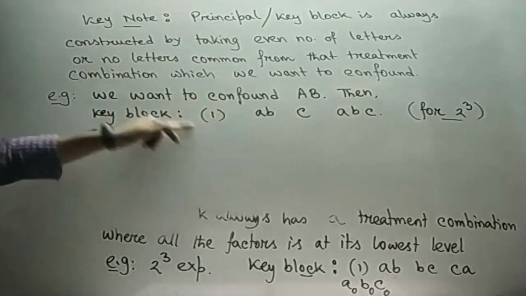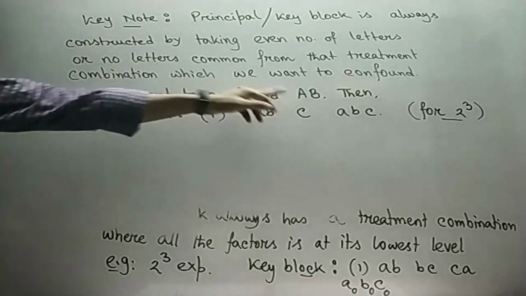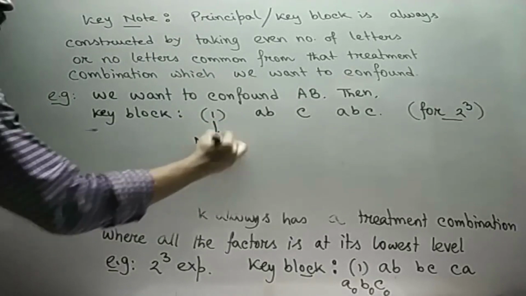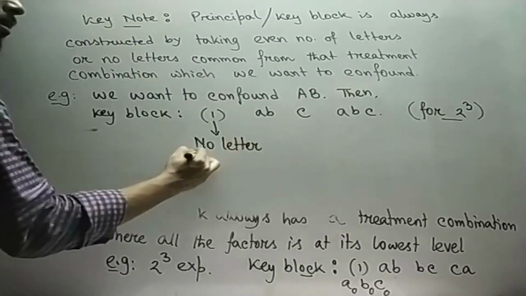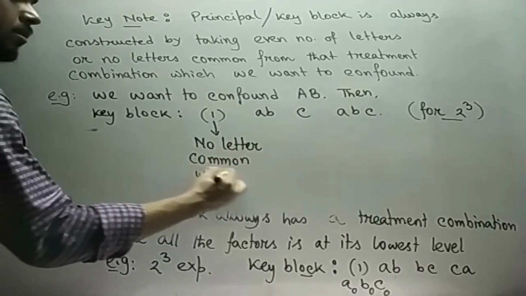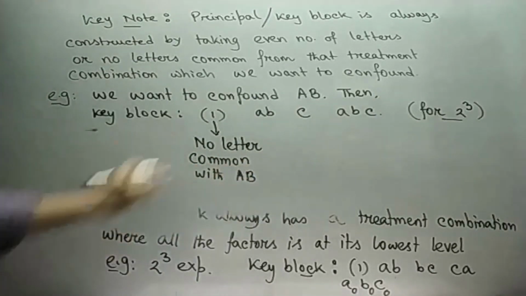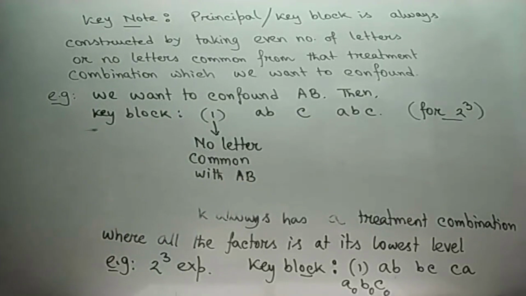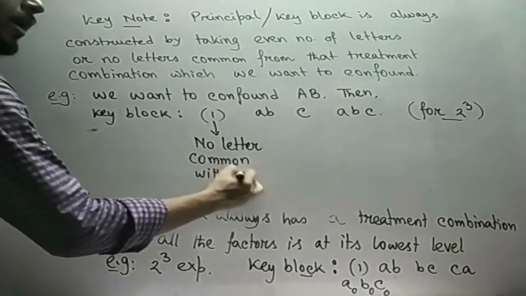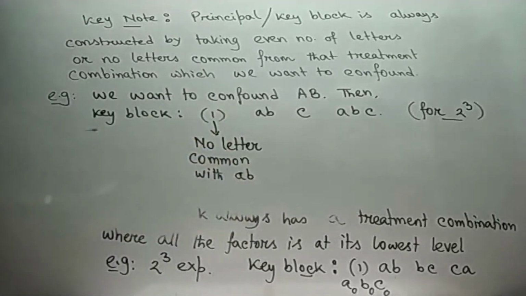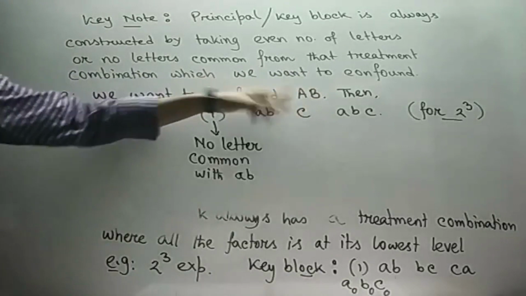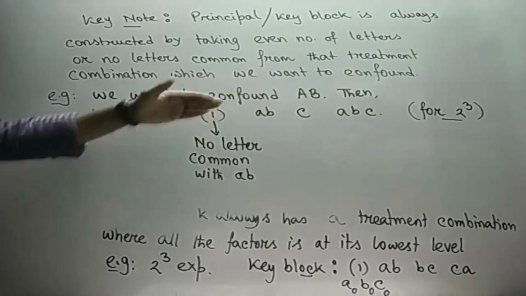Here we have no common member from AB, so no letter is common with AB, obviously. So no letter common with small ab, as we denote this as small ab. When we construct the key block, we can denote capital AB by small ab to take the common members.